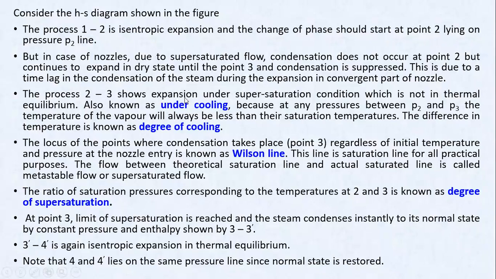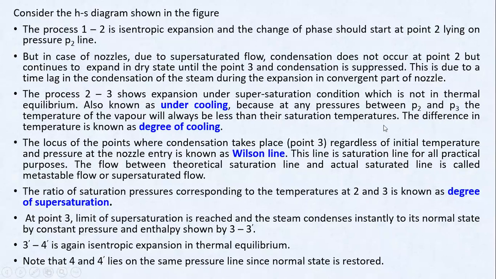The process 2 to 3 shows the expansion and the supersaturation region. As I said, it will not be in thermal equilibrium. So it is also known as undercooling, because at any pressure between P2 and P3, the temperature of the vapor will always be less than the saturation temperature. That means if we consider the saturation temperature at P2 and at P3, the actual temperatures will always be less than these saturation temperatures.